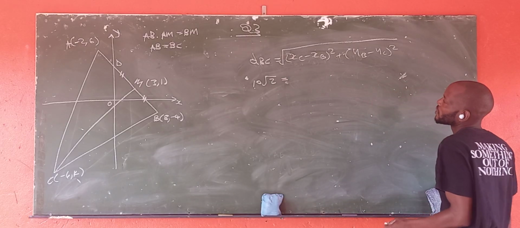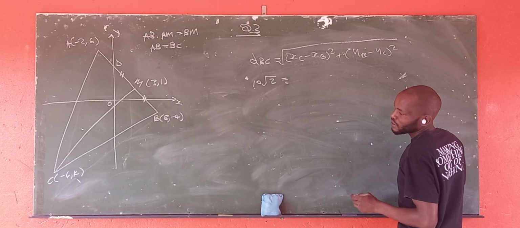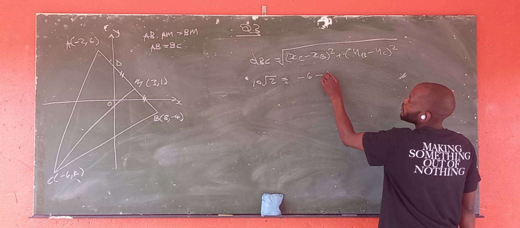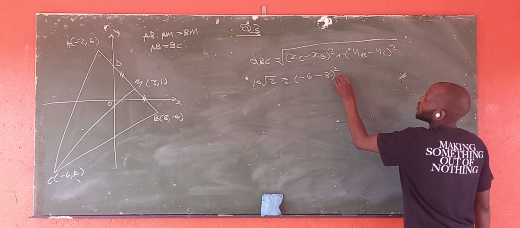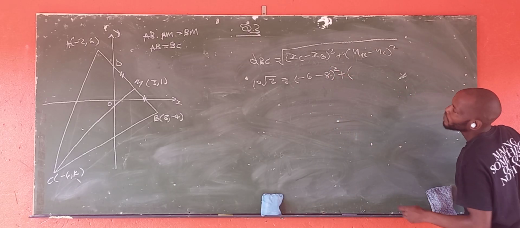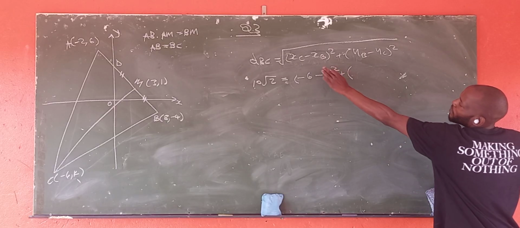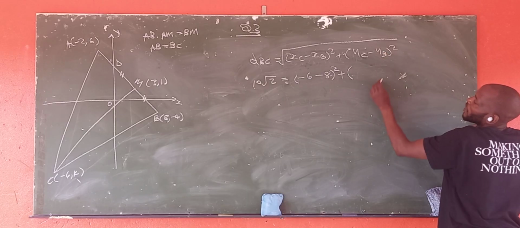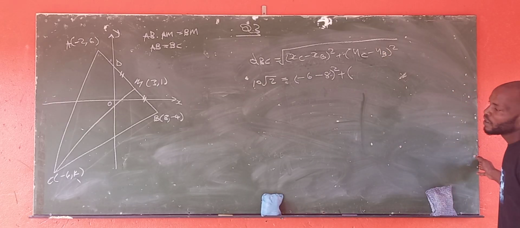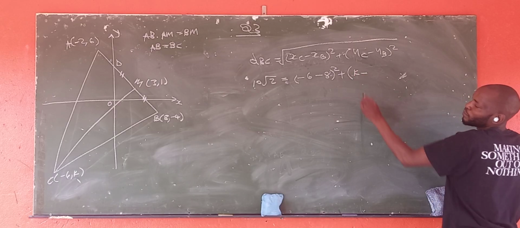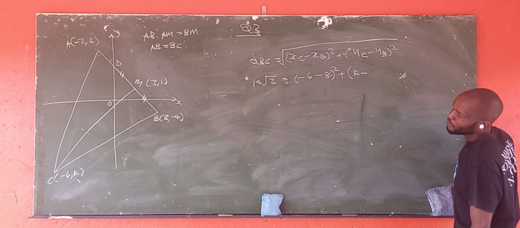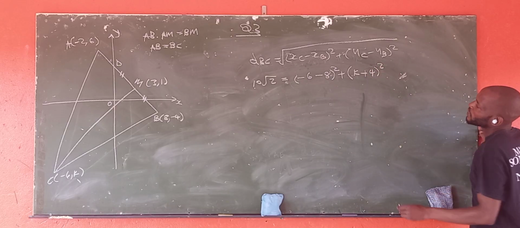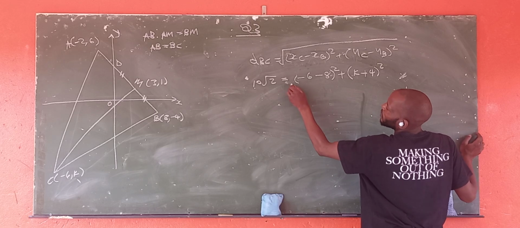So x at C is minus 6, minus x at B, which is 8, all squared, plus y at C, which is k, minus y at B, which is minus 4, so negative by negative is positive. We good?